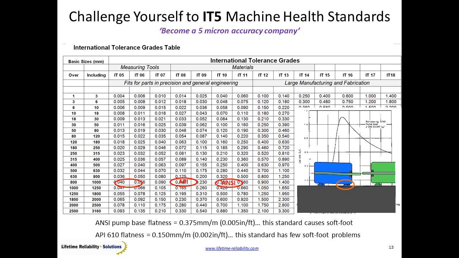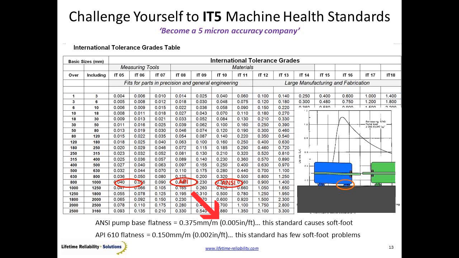Each one has different quality requirements. And this guy was comparing the ANSI pump flatness allowance with the API 610 flatness allowance. So I thought, let me show that on the IT table to represent what that actually means in terms of the difference between the two. The ANSI pump base says they will accept up to a 5 thou unflatness per foot.